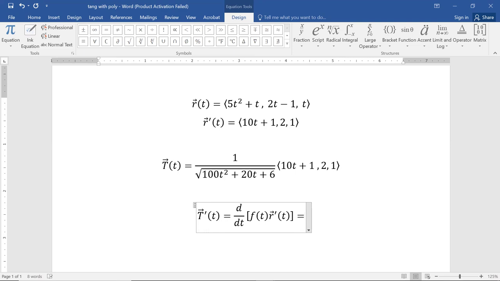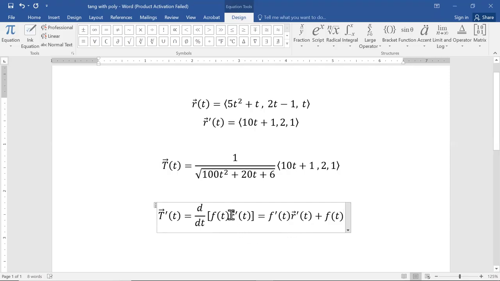The product rule with a real valued function and a vector valued function is found by doing f prime of t times my r prime, plus the normal f of t multiplied times the derivative of this function.